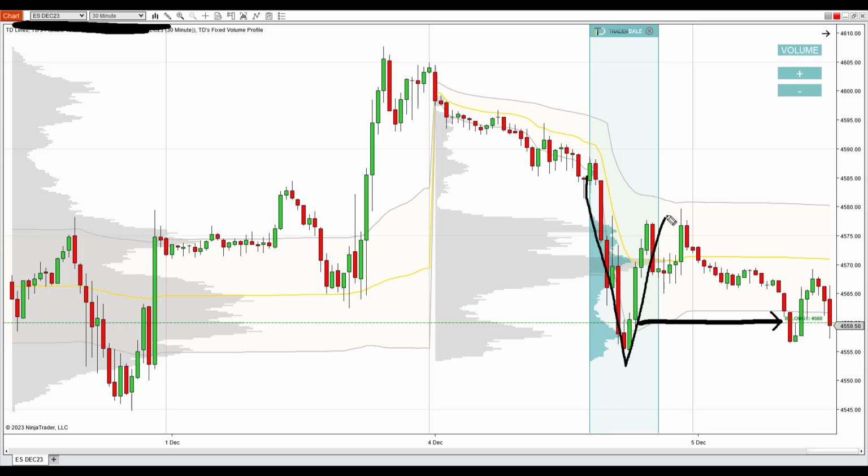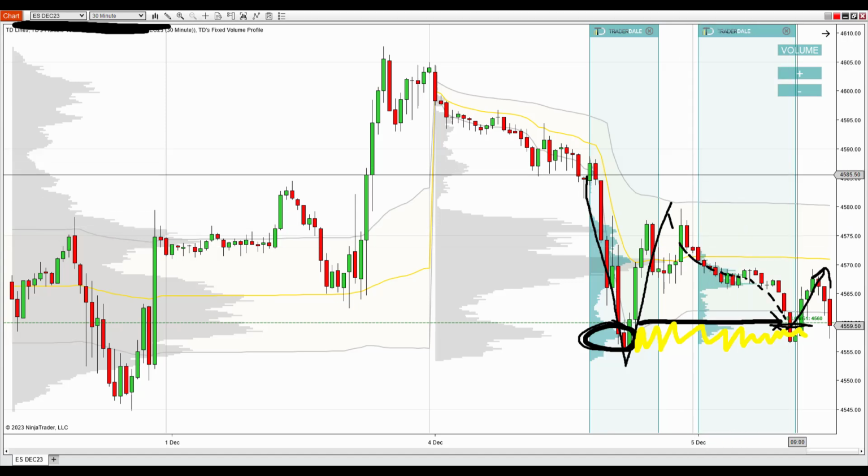This was the rejection, and this was that heavy volume zone within the rejection. What happened earlier today was that the price dropped to that level and there was a nice reaction to it. As you can see, the buyers from here became active, defended this support zone, and the price went upwards from there.